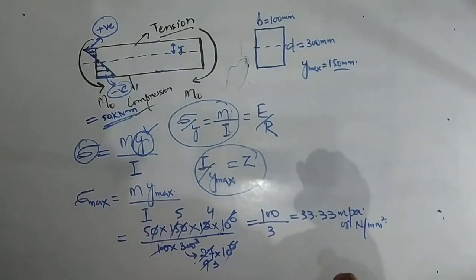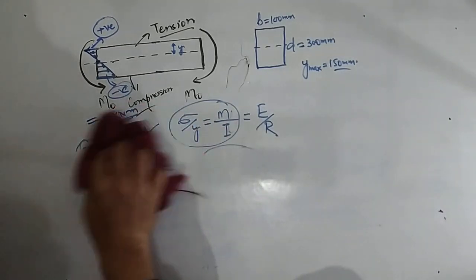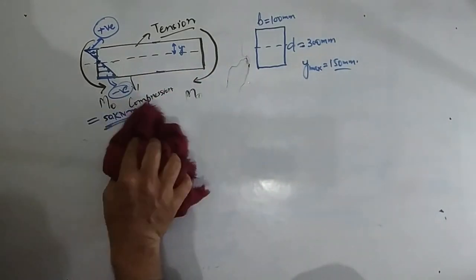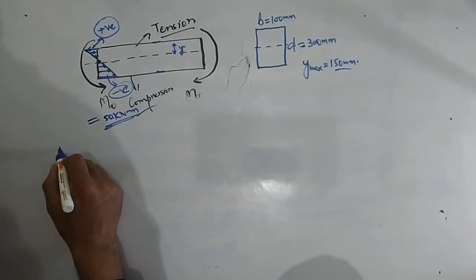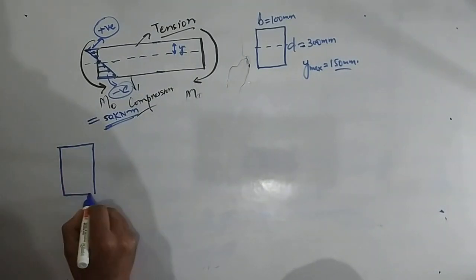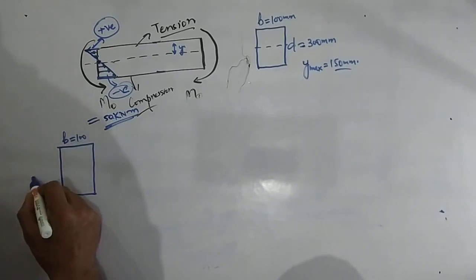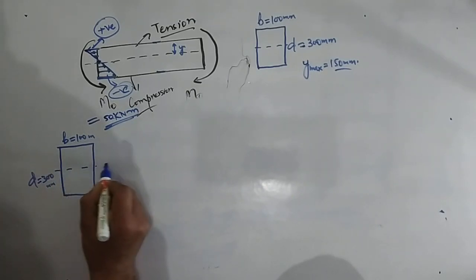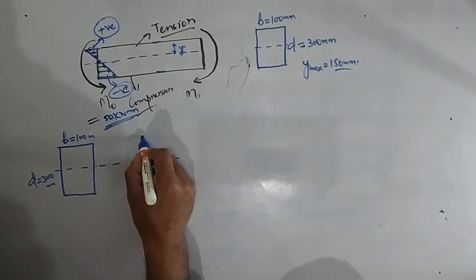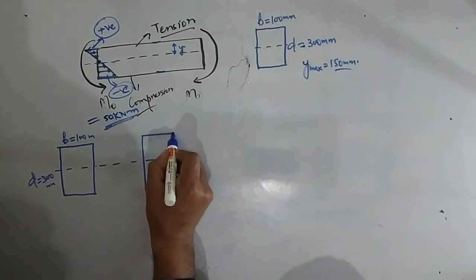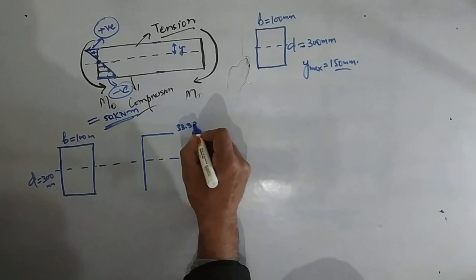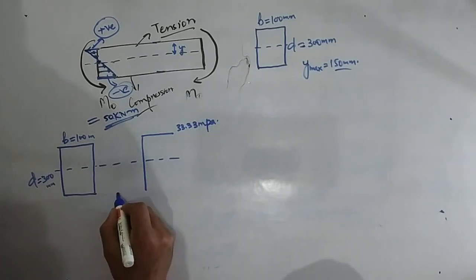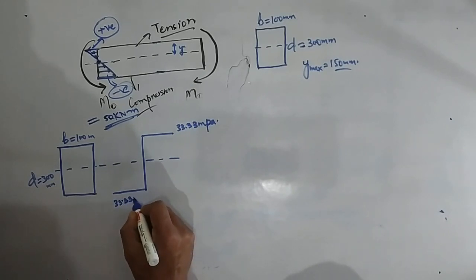So this is the value of bending stress due to this hogging moment alone. Let me rub this first, and I will show you the diagram of the bending stress on the cross section. If my cross section is this, B is 100 and D is 300 mm, the bending stress value is 33.33 MPa over here, and at the bottom as well I'll be getting 33.33 MPa.